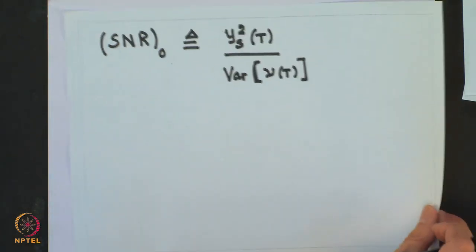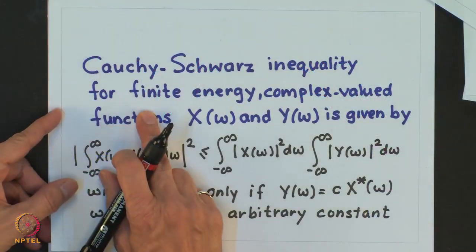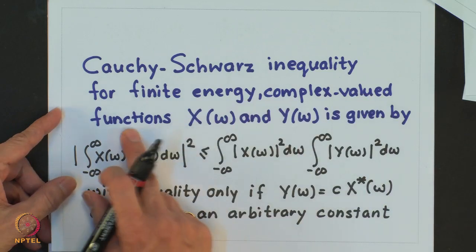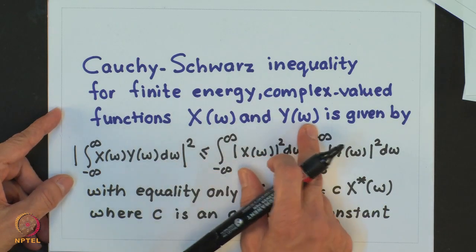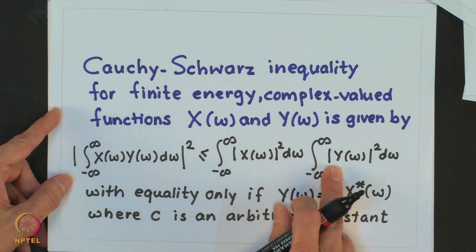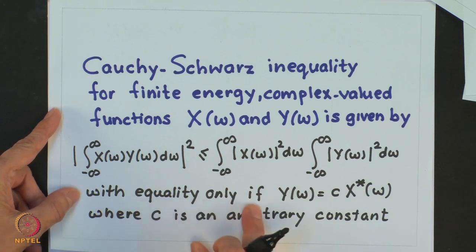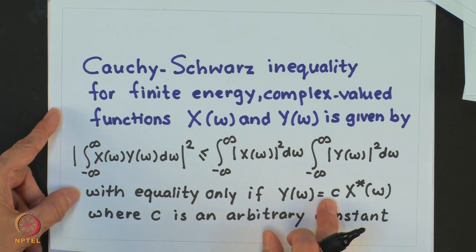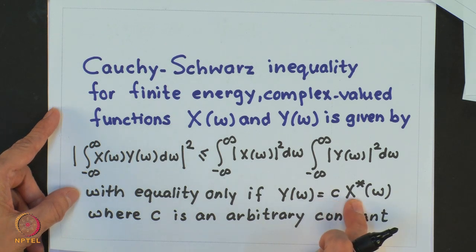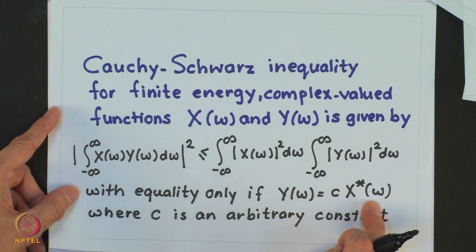Now, we know the Cauchy-Schwarz inequality for finite energy complex valued functions X(omega) and Y(omega) is given by this expression, correct, and this is equal only if Y(omega) is some arbitrary constant multiplied by X conjugate (omega).